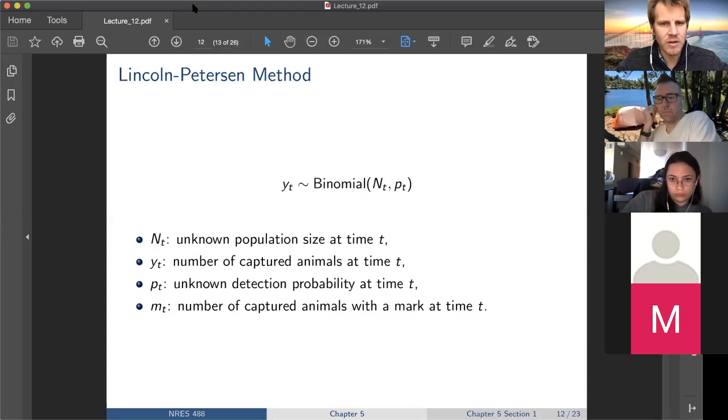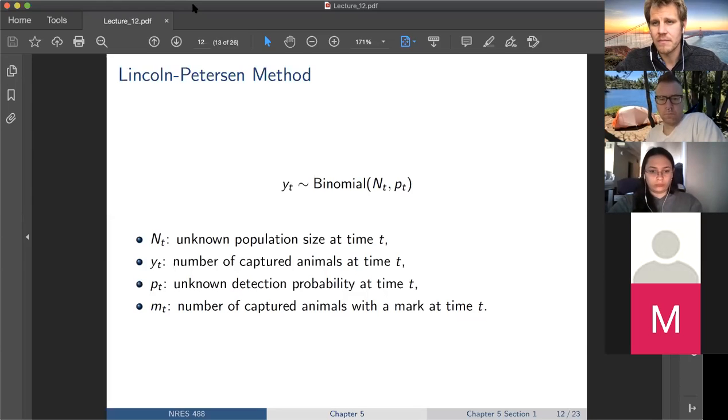So let's talk about each one of these components of this model. Y_t is the number of animals captured at time t. So y1 would be how many animals you originally captured, and y2 is how many you captured in your second event total. N_t is an unknown population size, and this is the parameter that we're trying to estimate.